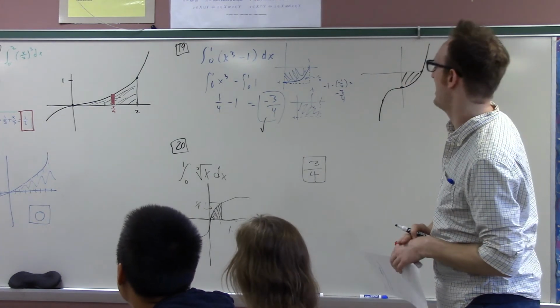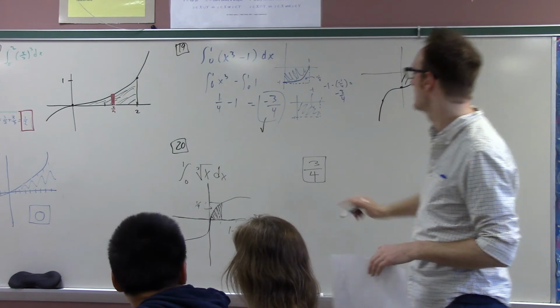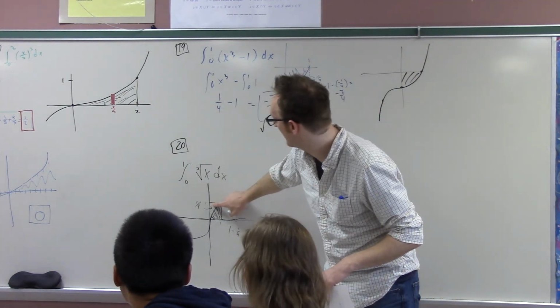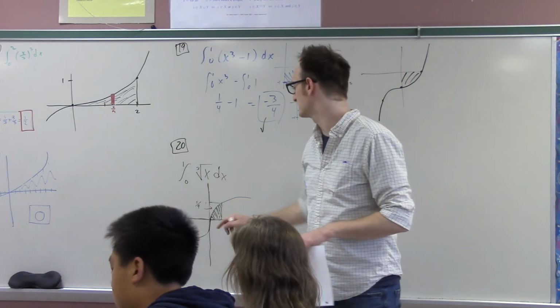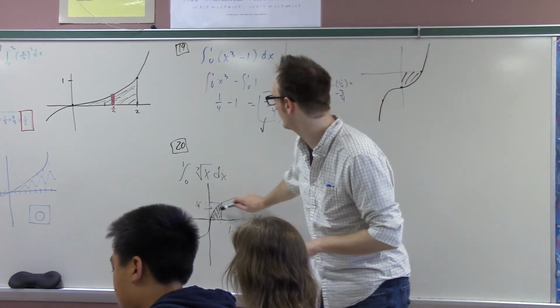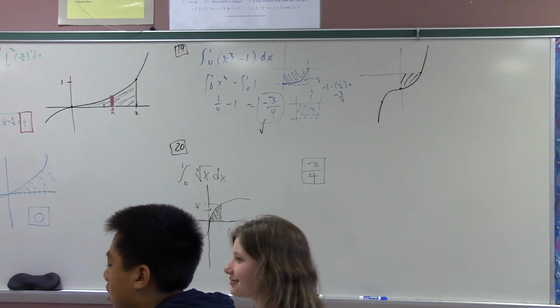The integral from 0 to 1 of cube root x has to be 3/4 because this area is 1/4. That's what we computed previously, right? By reasoning it out geometrically, you get that. All right, good.